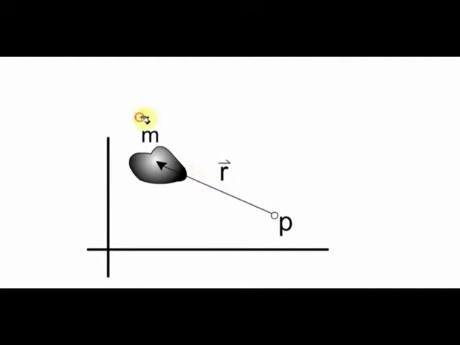So this moment will be defined as the product of this physical quantity, that is mass m, and the position vector of this object with respect to a point P. Suppose the position vector is r, so the moment of mass will be defined as the quantity itself, that is m, into the position vector of that quantity with respect to the given point, that is P.